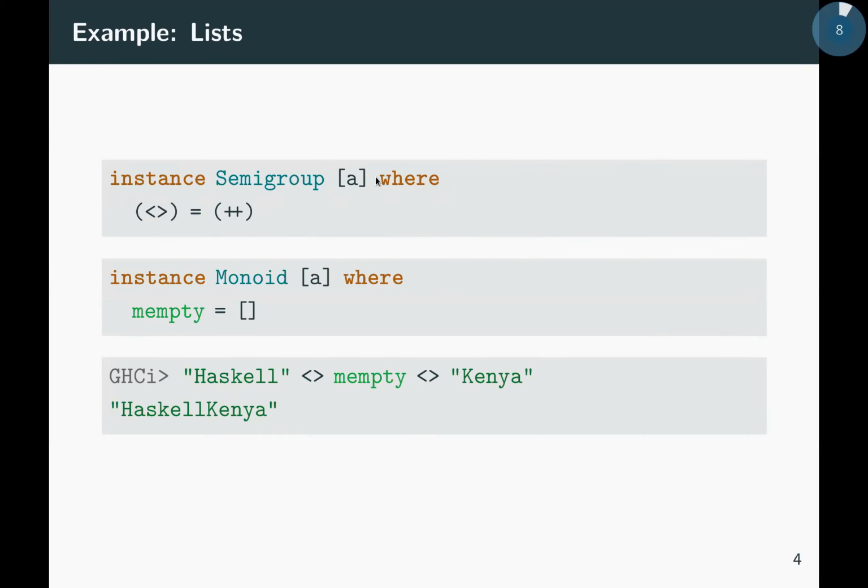And the default instance, or the mother of all monoids, is list, where the operation is just given by concatenation. In that case, the neutral element mempty is just the empty list, because if you concatenate with the empty list, no matter whether it's on the left or on the right, you don't change anything.